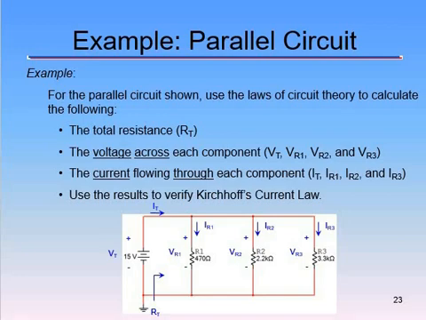The voltage drop across each resistor is going to be the exact same voltage. So the voltage drop across R1 is the same as across R2, which is the same as across R3. When we have a parallel circuit, the voltage drop across all the elements is the same. It will be 15 volts here.